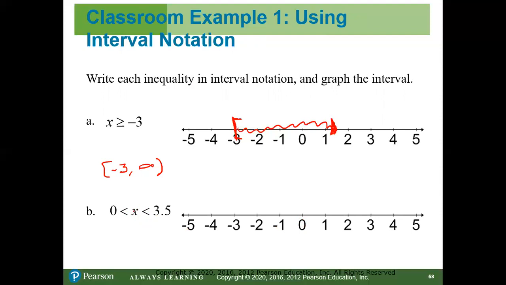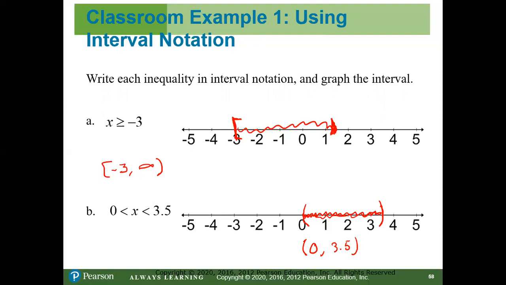So x has to be greater than 0, x has to be less than 3.5. So we're going to use a parenthesis here at 0 and a parenthesis here at 3.5, and it says x is between those values. So there is the interval and the graph. And the interval will actually look just like this. It will be from 0, comma, 3.5, in parentheses, and there's your interval.